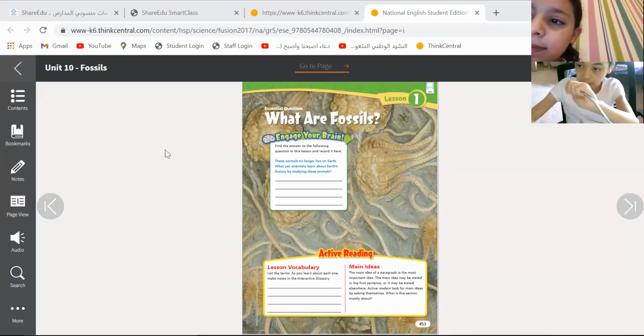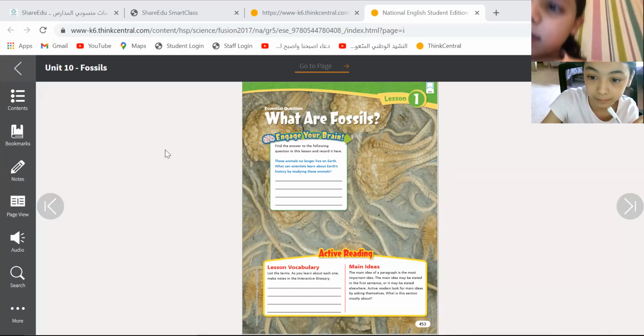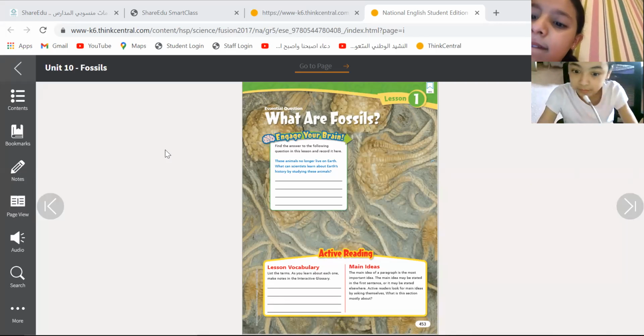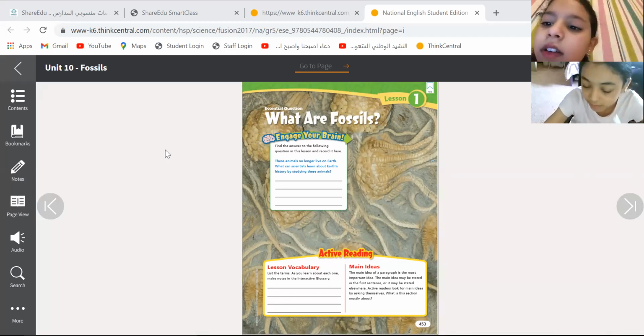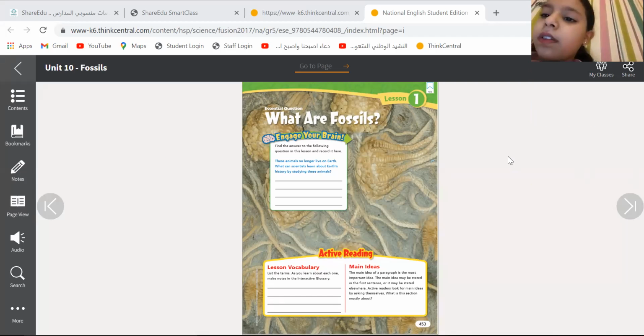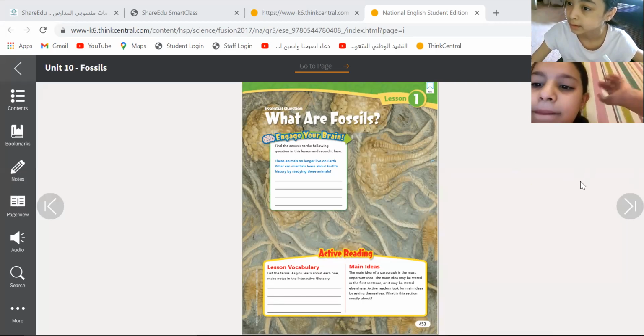Yes, it can be humans. And plants. Also plants, because they are the remains of things that don't live anymore. They are living things, but they are not living anymore. So it is the remains of them.